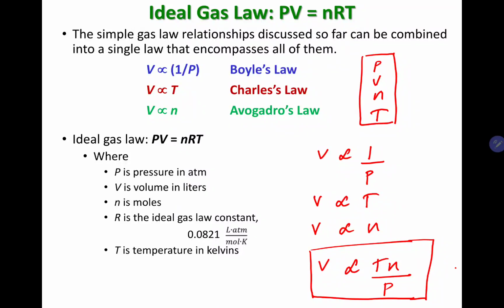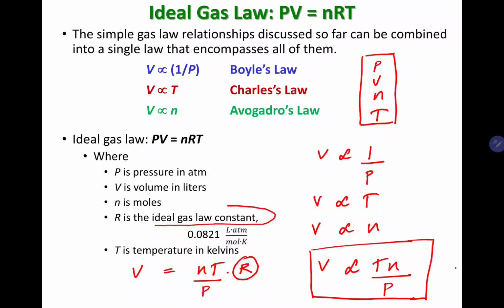But if you want to get rid of the proportionality sign, you can do that by bringing in a constant. So it will be V equals N T and the proportionality constant, divided by P. R right here is our proportionality constant, but we call it the ideal gas law constant.